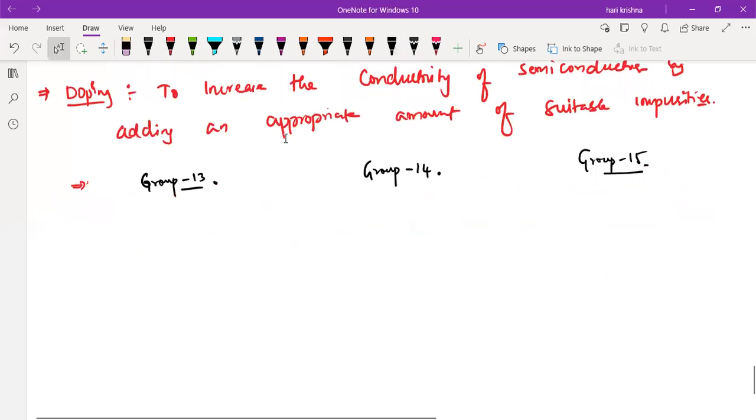So that was your homework today. Study the group wise elements of S block elements. S block means what? How many groups are there in the S block? First of all, how many elements are there in the periodic table?